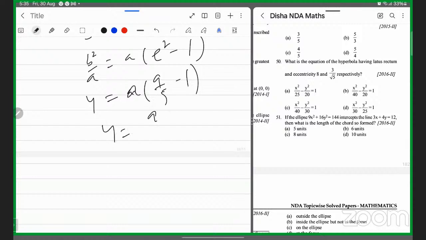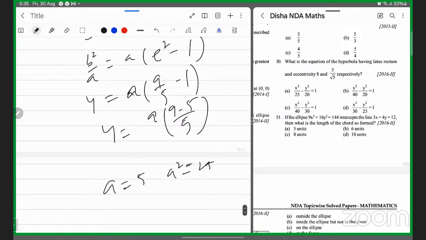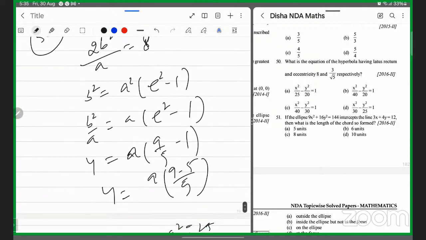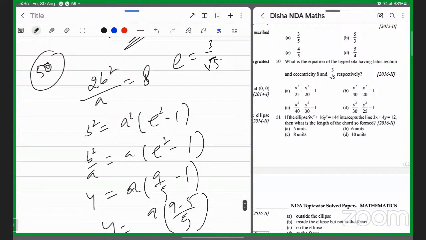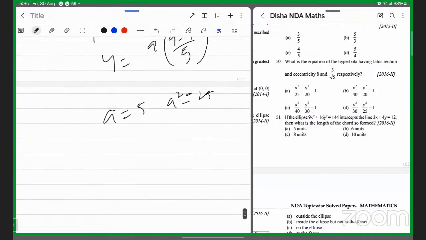So a is 9 minus 5 by 5. So a will be 5, so a square will be 25. Now b square you got 20. So option A is the correct option.